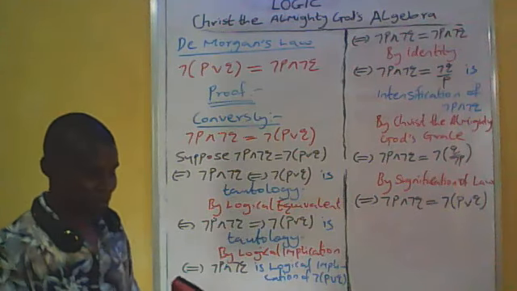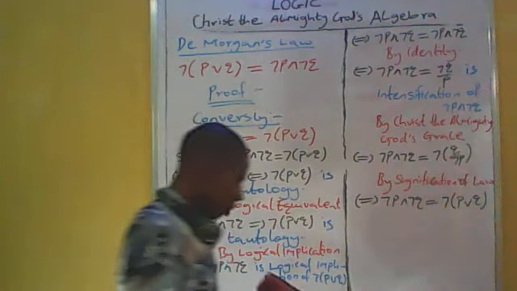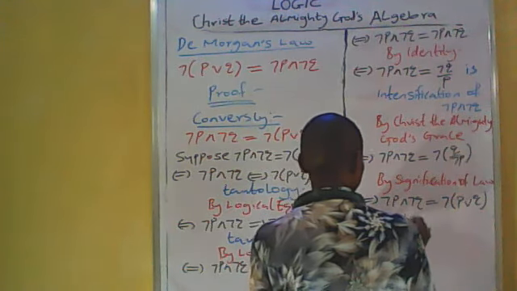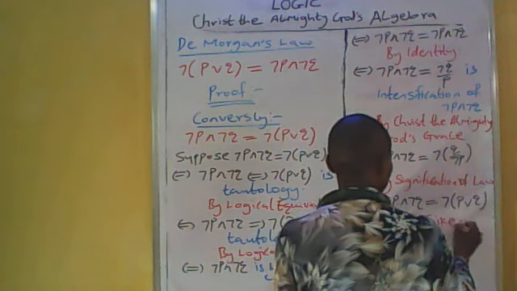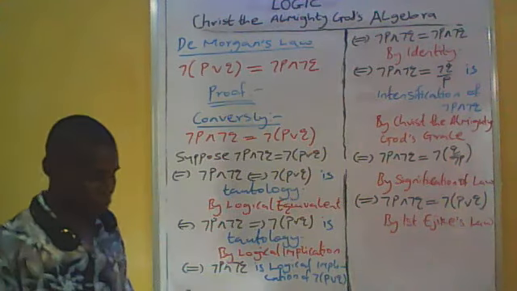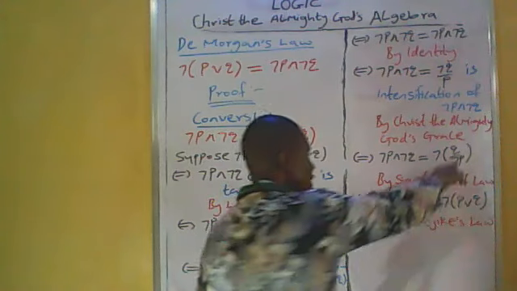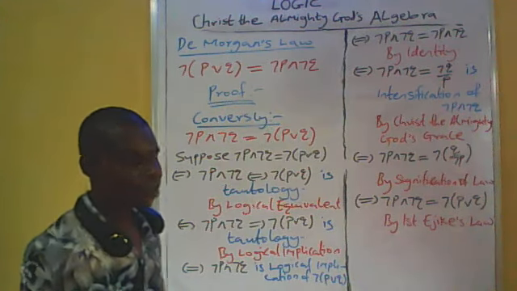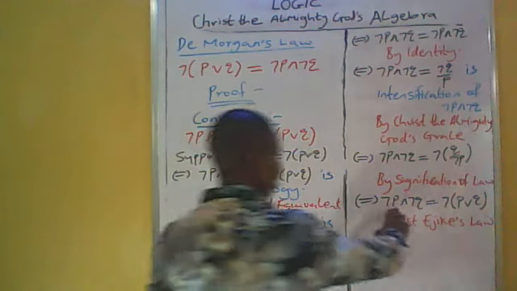Being justified by first Ejike's law. So it's through first Ejike's law that we transform this conditional statement to a disjunctive statement. So we have now proved the converse.